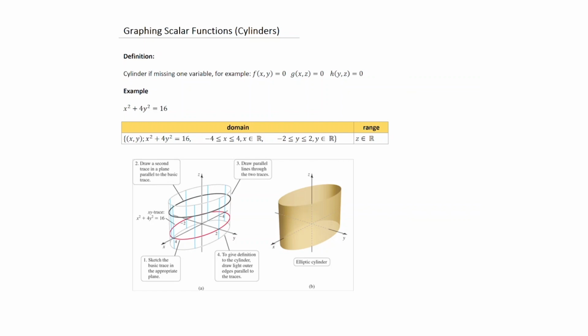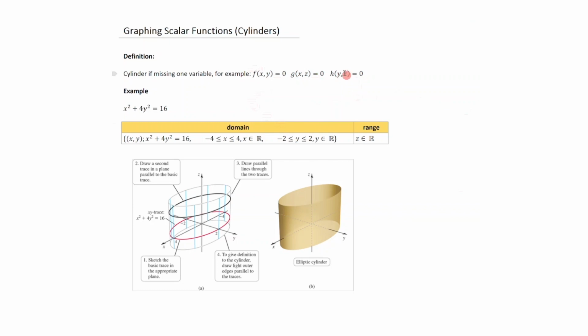All right, so the next thing is the notion of cylinders. What is that? A cylinder exists if you're given an equation that's missing one of the variables. If we're talking about a 3D object, it's implied that if z is not given, z can be anything. In this case, y is not given, therefore y can be anything.